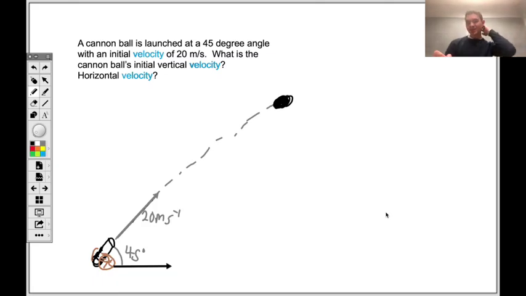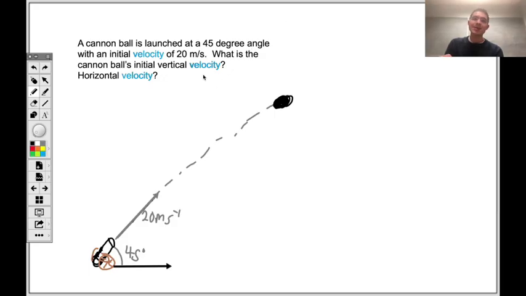Finally, it is also important in projectile motion to be able to calculate the initial velocities. So here's an example. A cannonball is launched at a 45-degree angle with an initial velocity of 20 meters per second. What is the cannonball's initial vertical velocity and horizontal velocity?